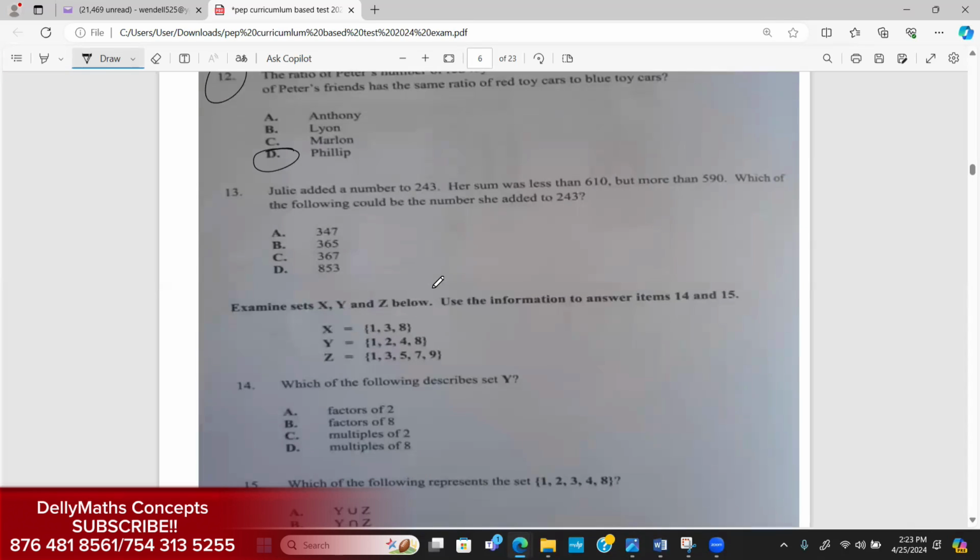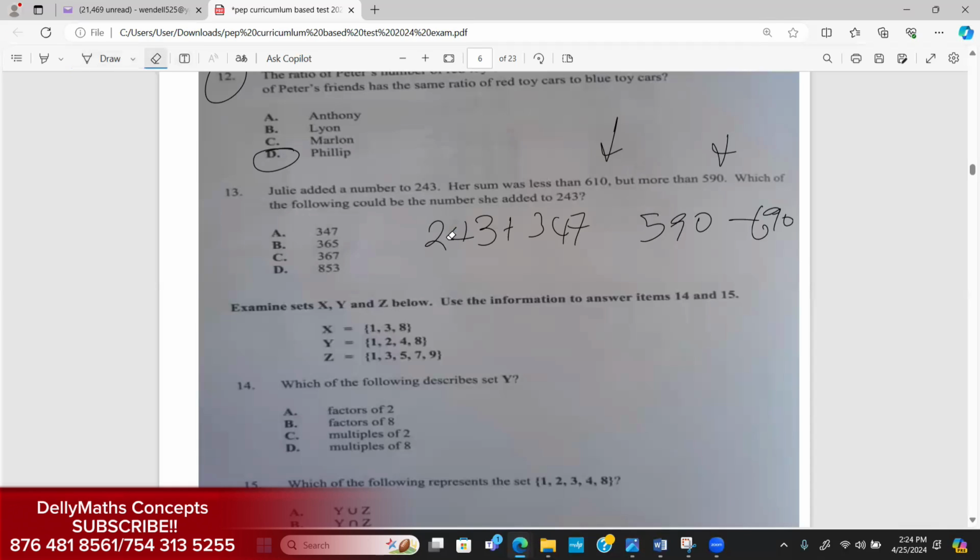Number 13. Julie added a number to 243. Her sum is less than 600, but it's more than 590. Which of these numbers was added? All you have to do is add them and see what the result is, because you have a limit. It must be greater than 590, and it must be less than 610.